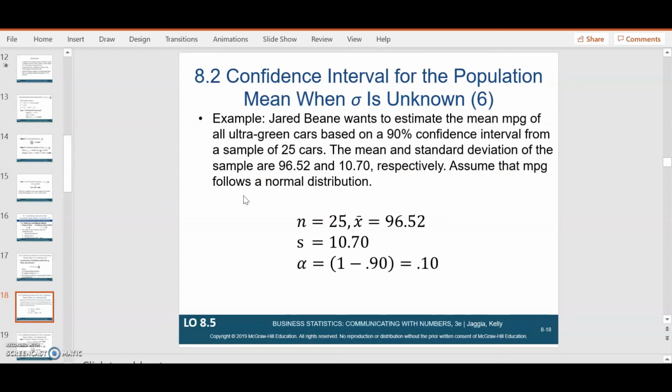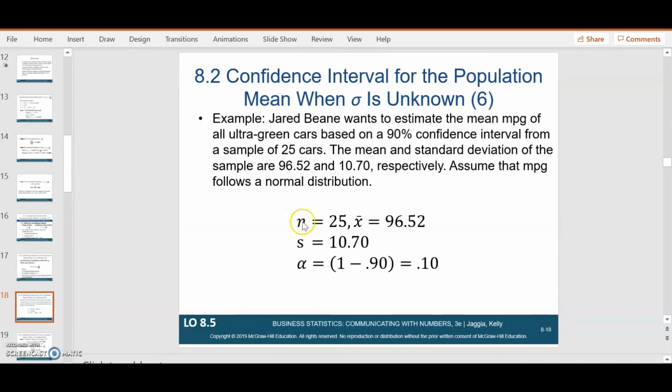So it is important for us to assume that the sample follows a normal distribution before we can construct the confidence interval. Because if the distribution is not normal, then we will not be able to construct the confidence interval, be it for population mean, population deviation or population proportion.